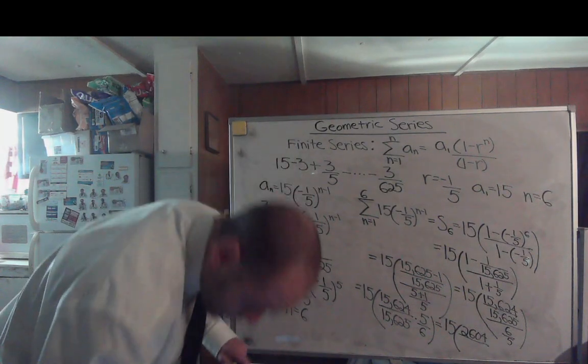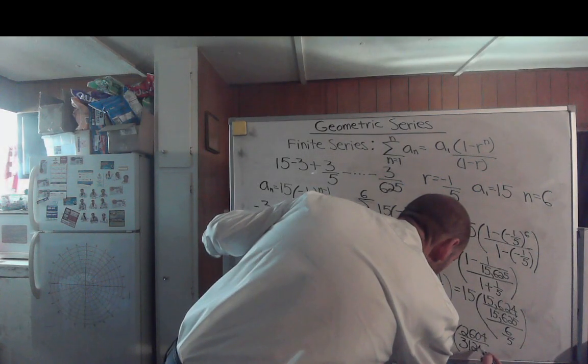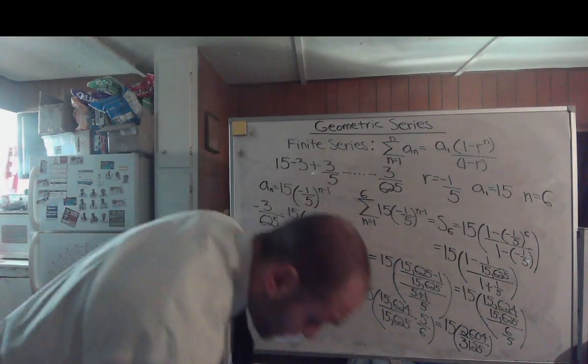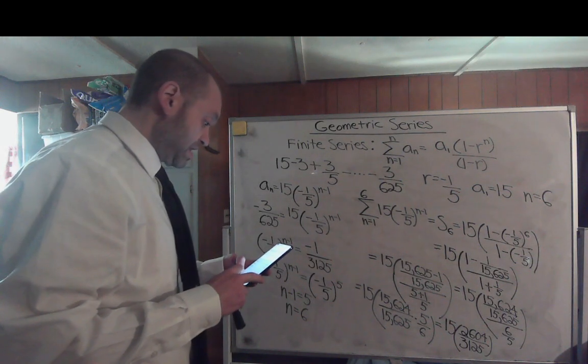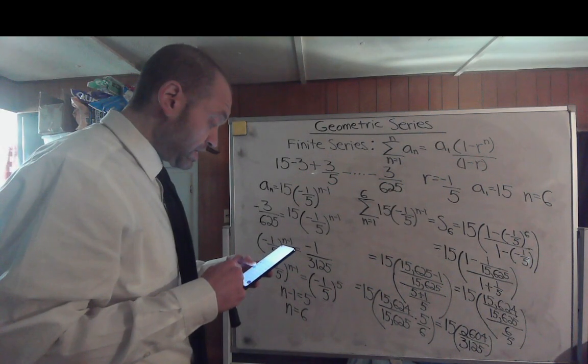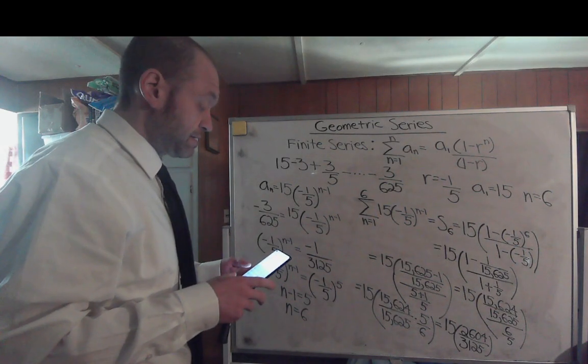That'll be over 3,125. So let's see if 3,125 will divide by 15. Not quite by 15, but we do know 5 goes into it.